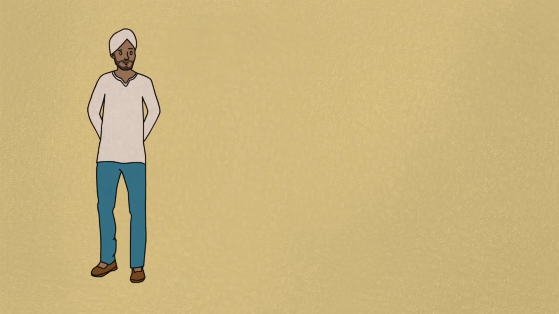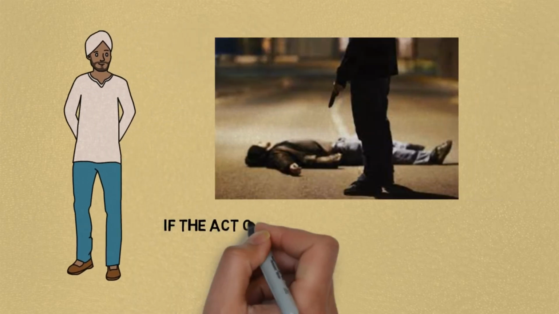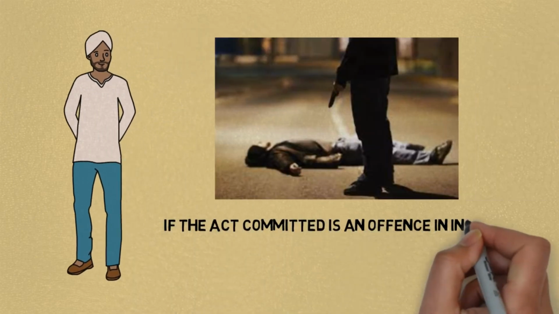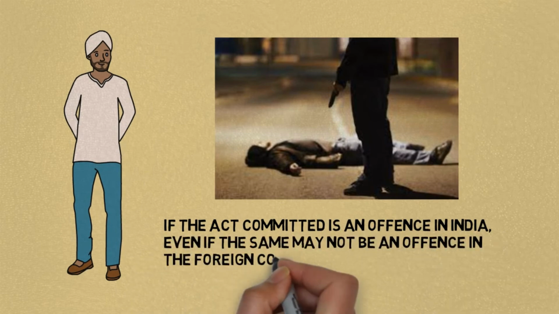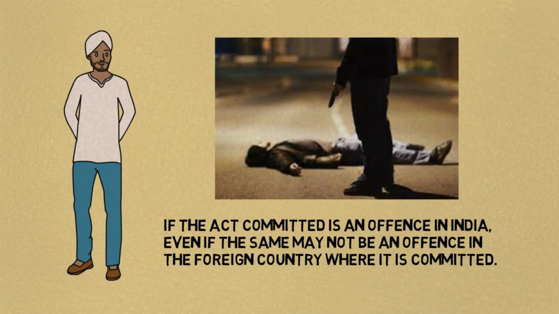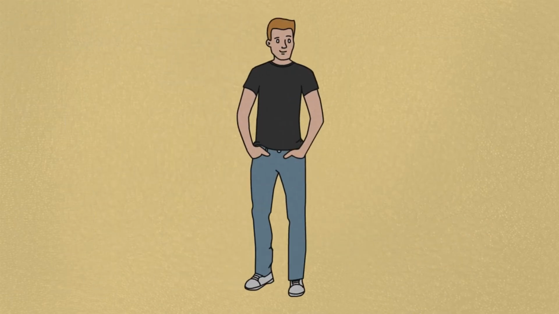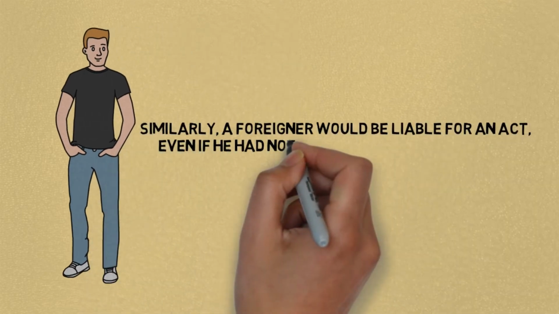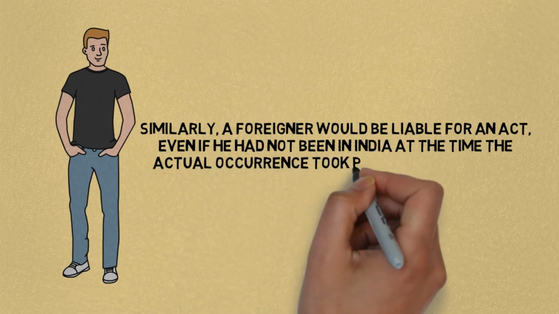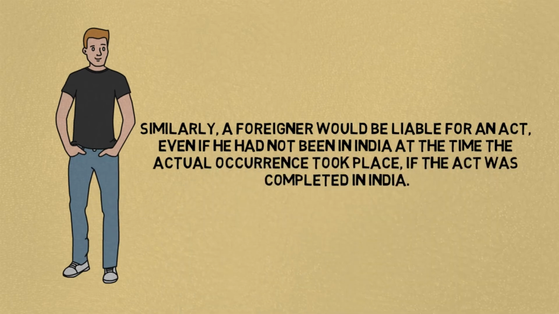Now, an Indian citizen will be held liable for prosecution for an act done in foreign land if the act committed is an offence in India, even if the same may not be an offence in the foreign country where it is committed. Similarly, a foreigner would be liable for an act even if he had not been in India at the time the actual occurrence took place, if the act was completed in India.